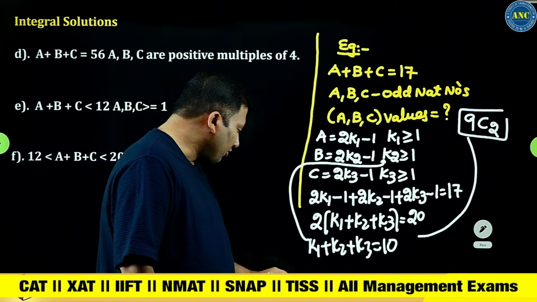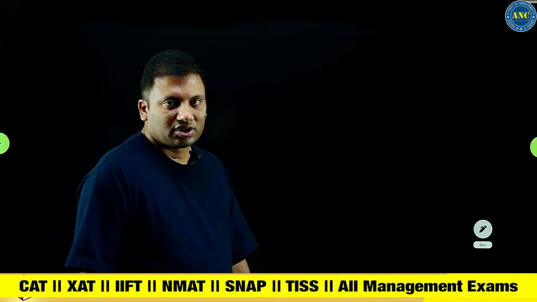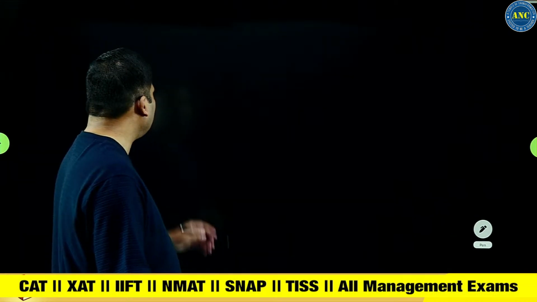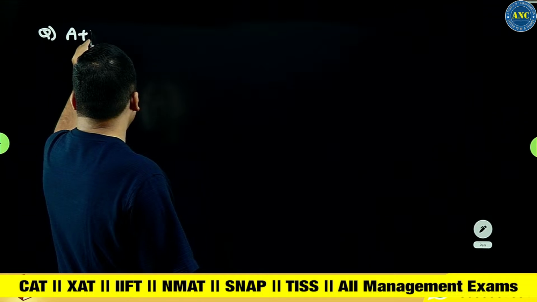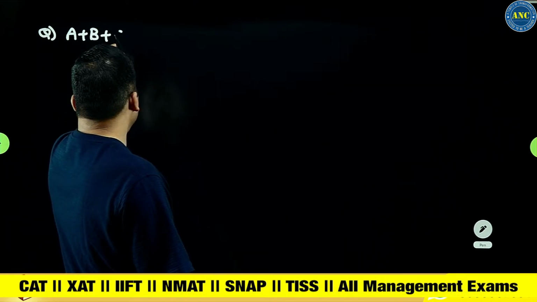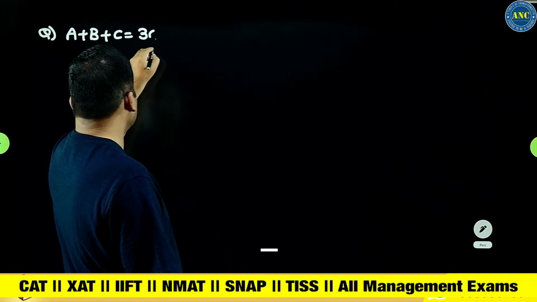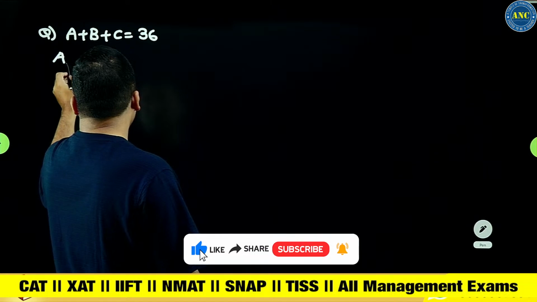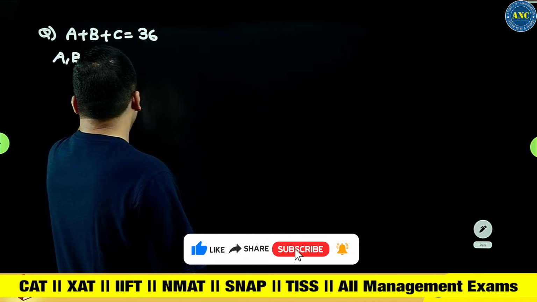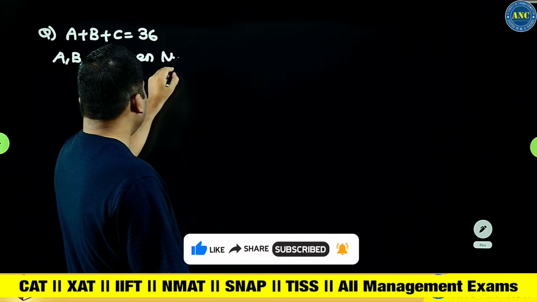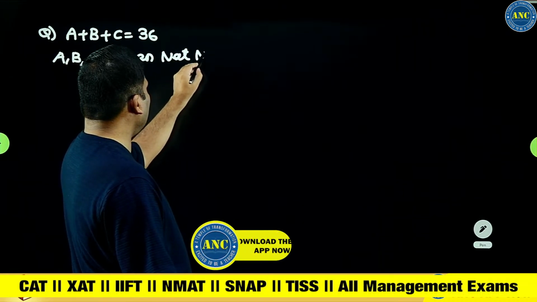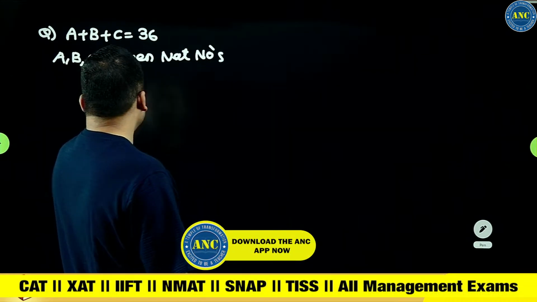Let me do a few more questions. The more questions you solve, the more clarity you will get. A + B + C = 36, where A, B, C are even natural numbers. Odd numbers we have taken; let us take even natural numbers.